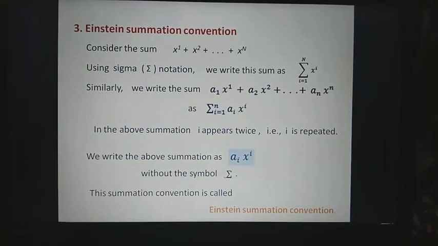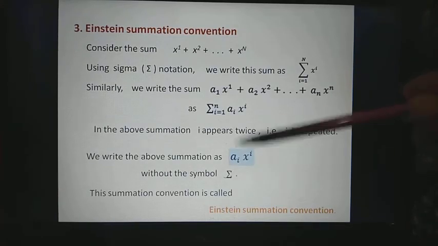So, according to this convention, when the same index appears as a superscript and subscript, the summation is implied on that suffix. This is the Einstein summation convention.